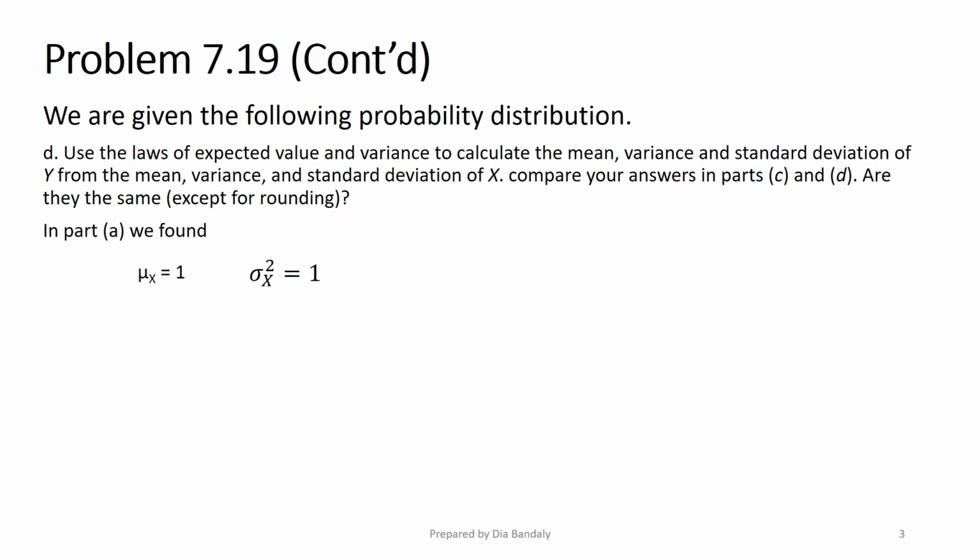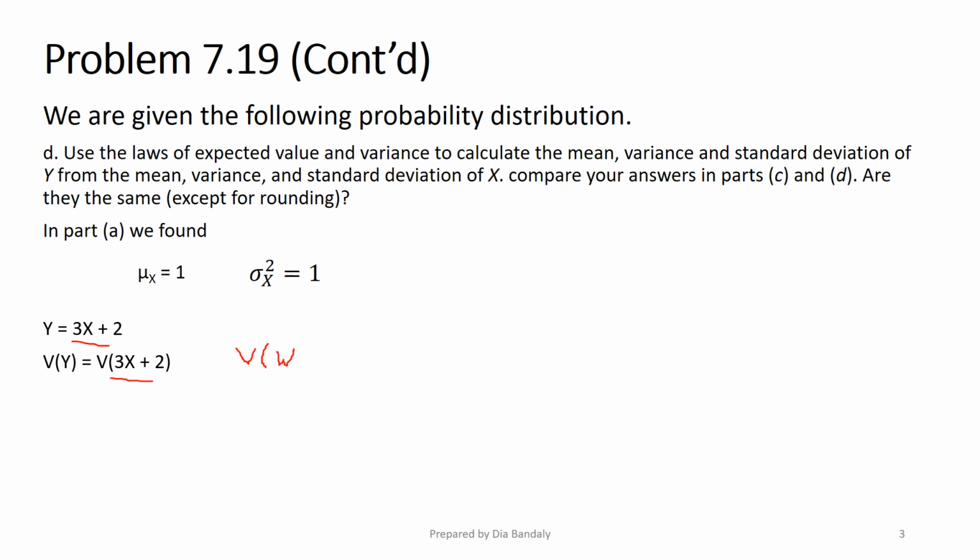Now we want to find the variance of y from the variance of x. So let's see how we can use the laws. Again, I will remind you of the relationship between y and x. So we have y equal 3x plus 2. So V of y, the variance of y, is the variance of that 3x plus 2. So I put this between the parentheses. Now, remember that V of a variable, let's call it w, so that you don't get confused with this x.